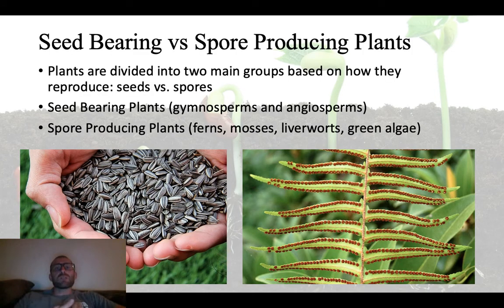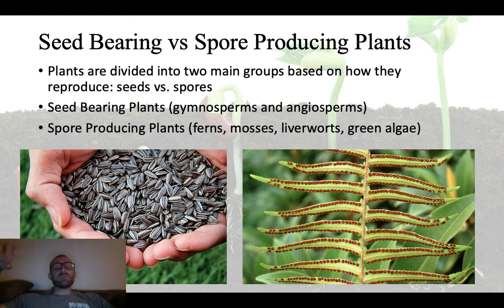Okay, so if you are looking at plants as a whole, they can be divided into two main groups. Those are our seed-bearing plants versus our spore-producing plants. We have plants that produce seeds, and we have plants that produce spores.